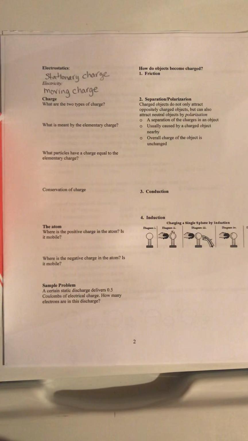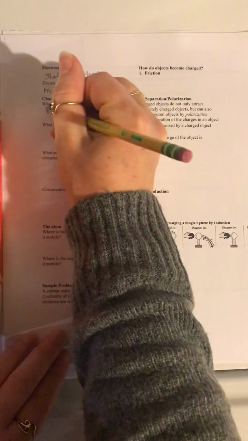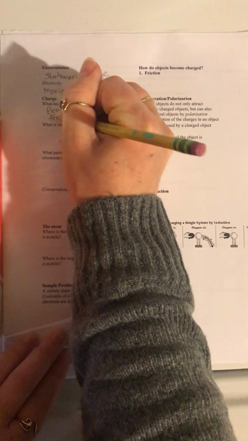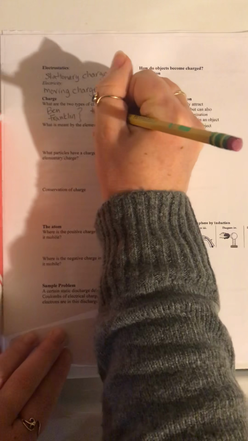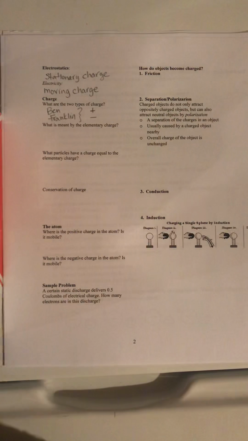There's a picture that shows the kite tied to a house, but all of that charge would have gone to the house and probably burned it down. So we're not exactly sure what happened, but we do know it was Ben Franklin who said there are two types of charge, positive and negative.